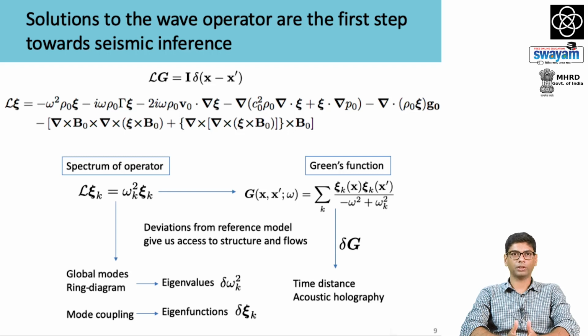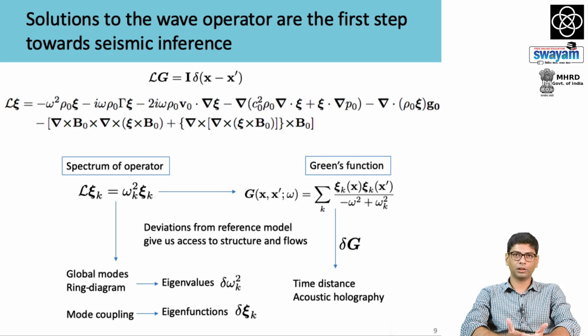Now the spectrum of this operator contains, as I said, eigenvalues, omega k, and the eigenvectors, xi k. So if you had a model of the wave operator, then you could determine its eigenvalues and eigenfunctions. And then you measure, let's say, the eigenvalues. As I said in the previous slide, we can measure all the normal mode frequencies of the sun.